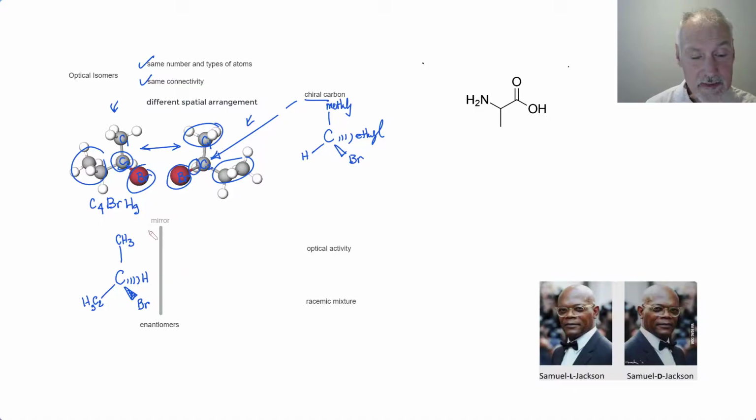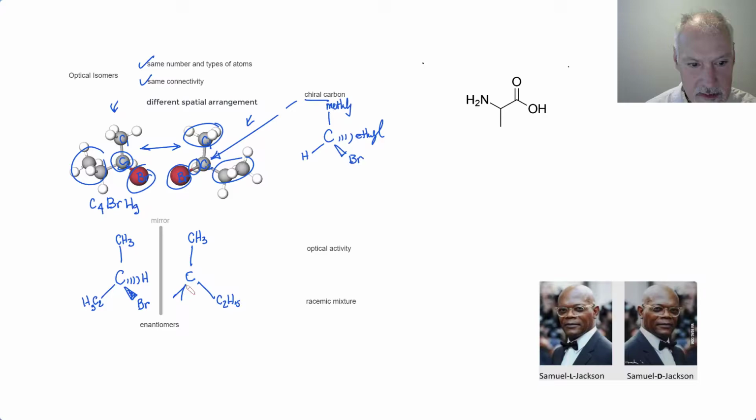To draw its other optical isomer, which are also called enantiomers, I do the same thing. I consider a mirror, and I'll start with the carbon, and in that mirror, reflected, I would see the methyl group here. I would see the ethyl group back here.